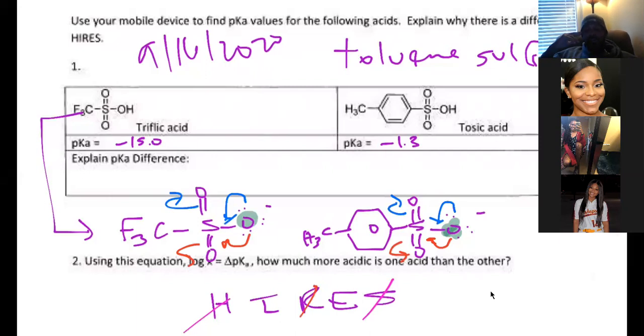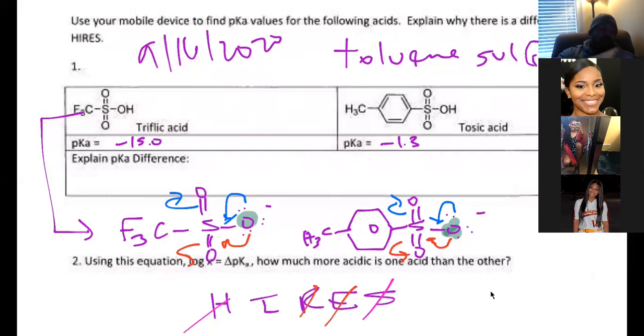Isn't the negative charge on the same atom in both conjugate bases? Can we rule out electronegativity? Yeah, because it's the same for both. Oxygen doesn't change. The size doesn't change. The hybridization state doesn't change. And so both are stabilized by resonance.